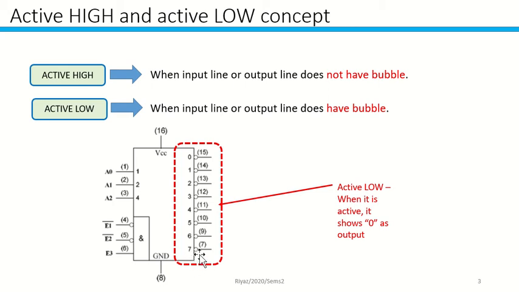When there is no bubble, we call it active high, and when there is a bubble, we call it active low. Active low is going to be in active mode when there is an output of zero. For active high, it will be active when the input or the bit is 1.